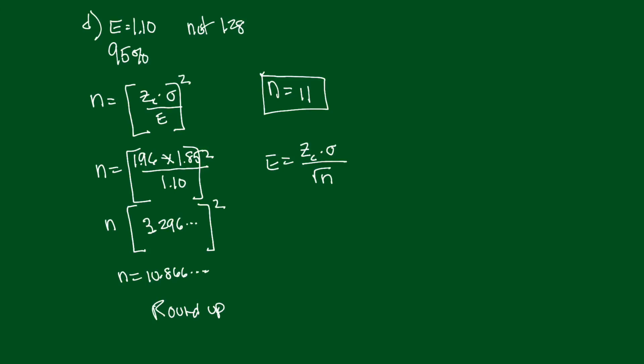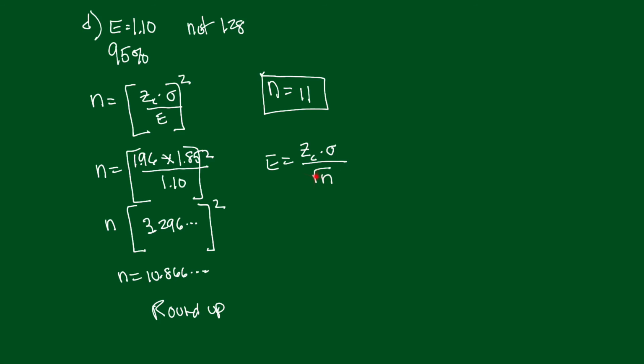Now I just want to make an arithmetic comment here. We rounded up from 10.866 to 11. This formula for the sample size came from the margin of error formula, as you may remember when we derived it. In that formula, if I increase the sample size, from 10.866 to 11, a little bit bigger but nonetheless increasing it, the square root of n is on the bottom.